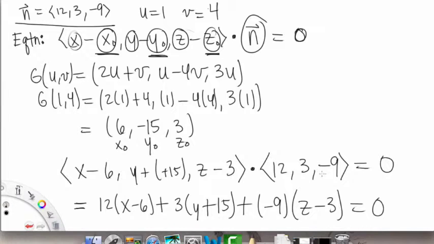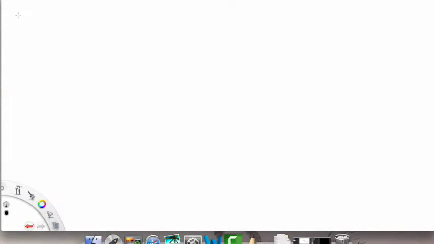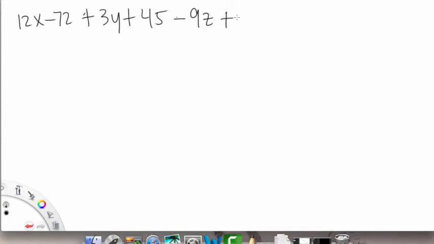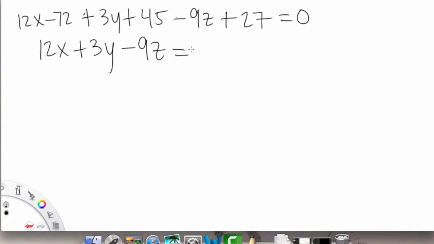Okay? So now at this step, we're just going to continue simplifying. So we get 12x minus 72, and then plus 3y plus 45, and then minus 9z, and that turns into plus 27, okay, and we have equals 0. So what these actually turn out to be is 12x plus 3y minus 9z, and I'm just going to move the constants to the other side.